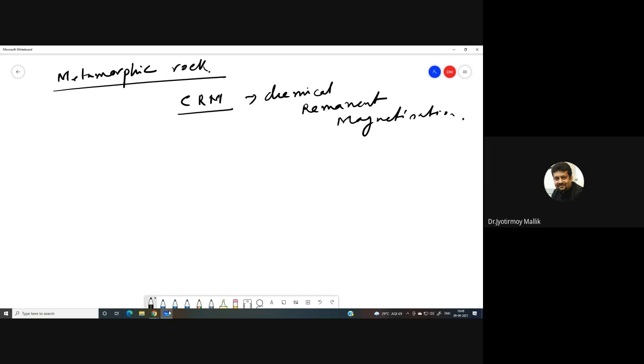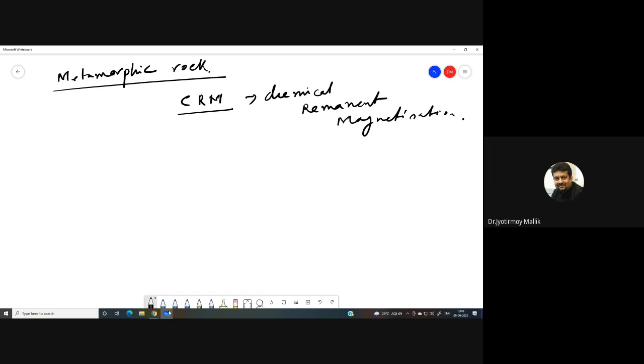Okay, so the rock has already acquired the primary remnant magnetization through TRM or DRM or PDRM, right? Now CRM is a chemical process, it is acquired during the metamorphic event.